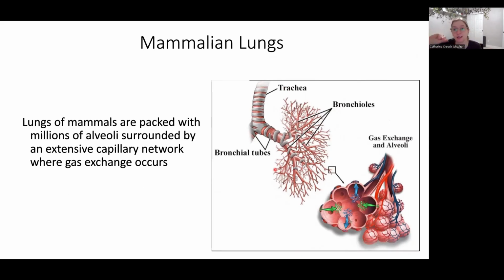It's very thin. It's thin for gas exchange. When you breathe in, these little sacs inflate, and they never really deflate, but they inflate even more. And so that oxygen will be able to just pass right through that single membrane of the simple squamous epithelium.